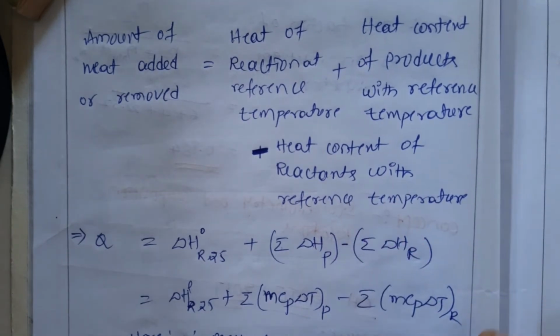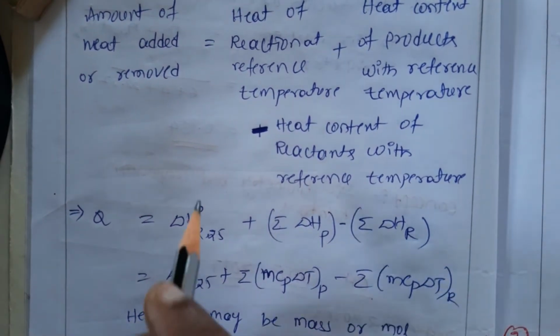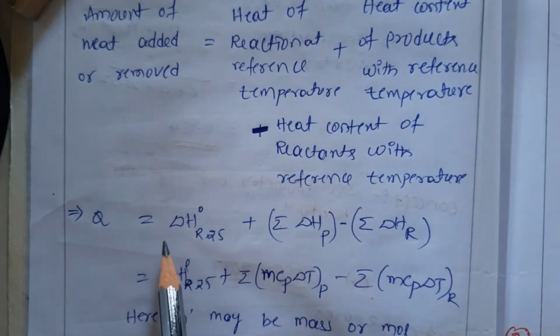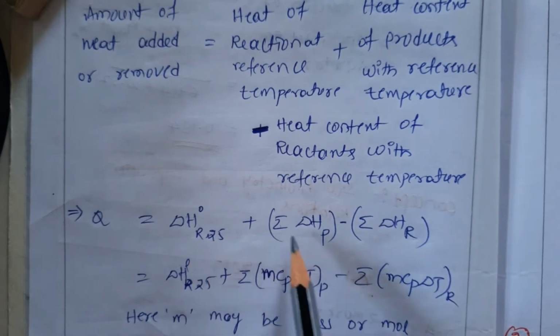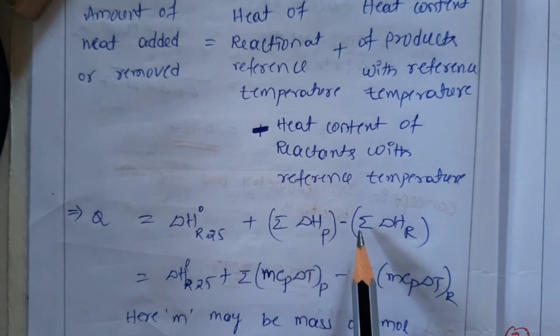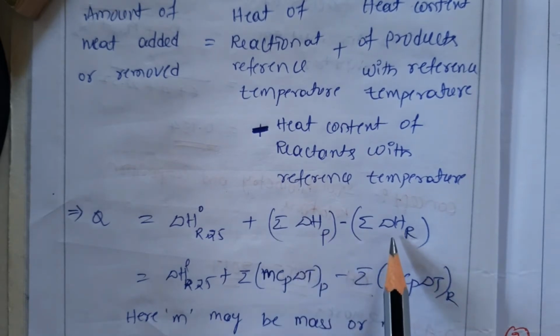In terms of equation, Q equals delta HR naught at the reference temperature plus the sum of the heat content of all the products minus the sum of the heat content of all the reactants.